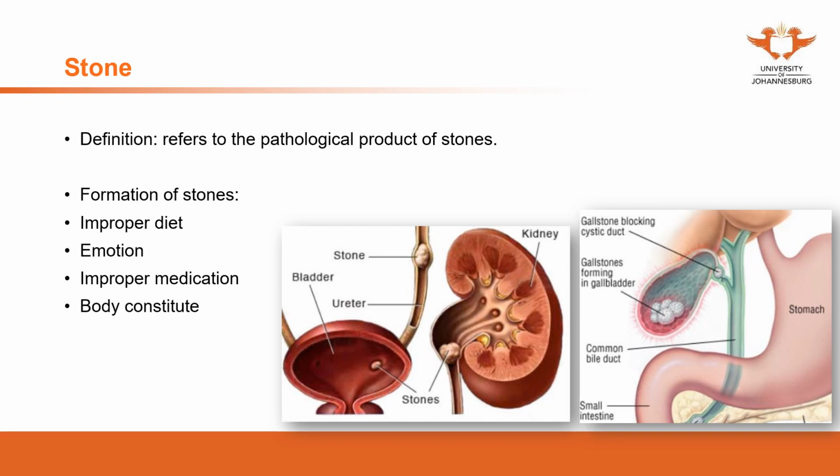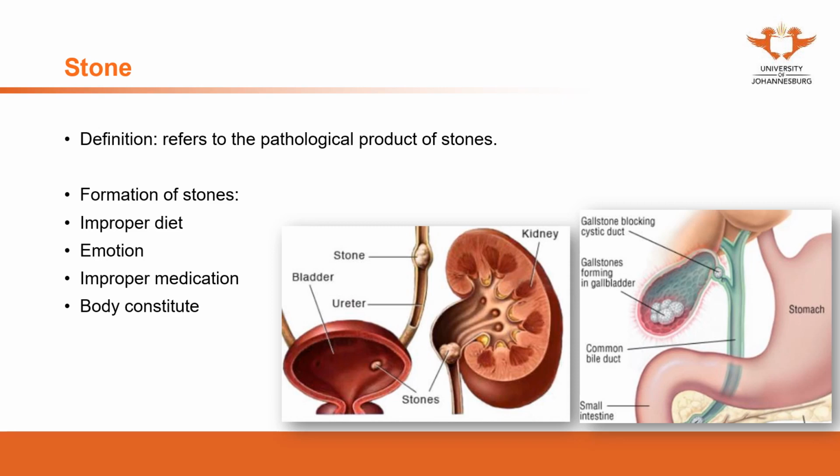The formation of stones can be improper diet, emotion problems, improper medication, also body constitution. Some diets, if you eat certain things together, might more easily cause stones, or emotion will obstruct the qi and blood flow and slow down the circulation, which can form physical objects, which causes stones as well.